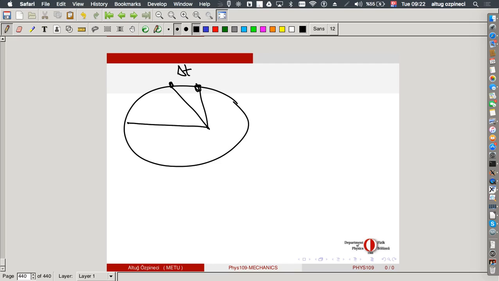You see that it is at some point at this time, and you wait the same amount of time, delta t, it will be over here. Well, you have these 2 areas, let's call them A1 and A2. So A1 is equal to A2.